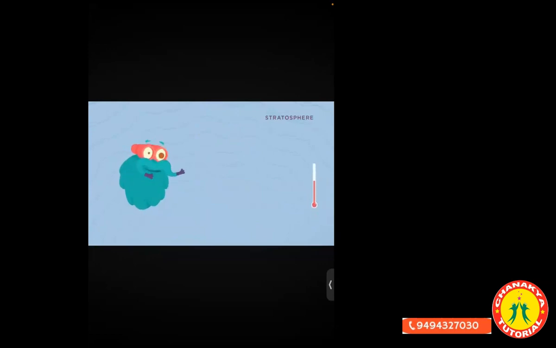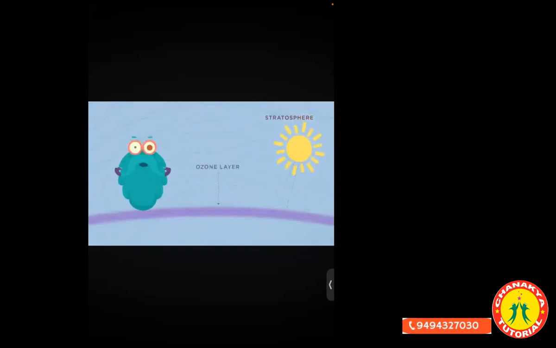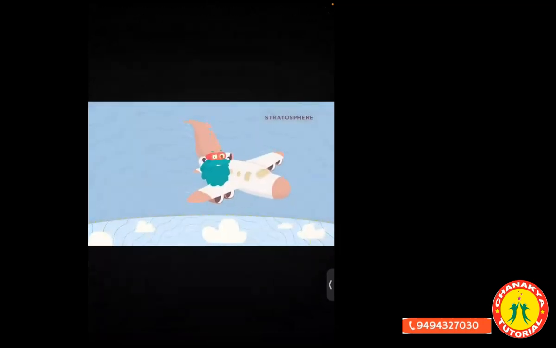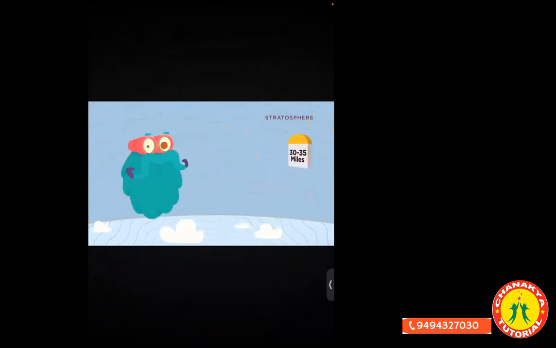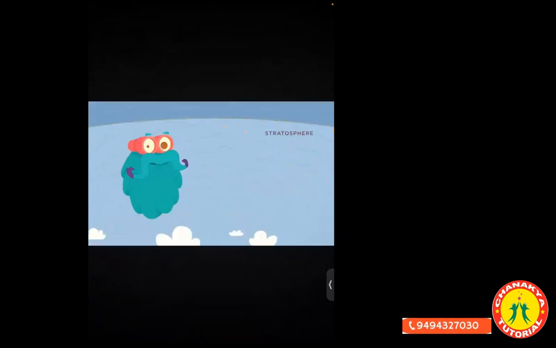Here, the temperature rises with the rise in altitude. You will also find the ozone layer here, which helps absorb harmful UV rays from the sun. This is the layer where you will find aeroplanes flying around, as the stratosphere is free of all weather disturbances. The stratosphere extends to about 30 to 35 miles above the Earth's surface.